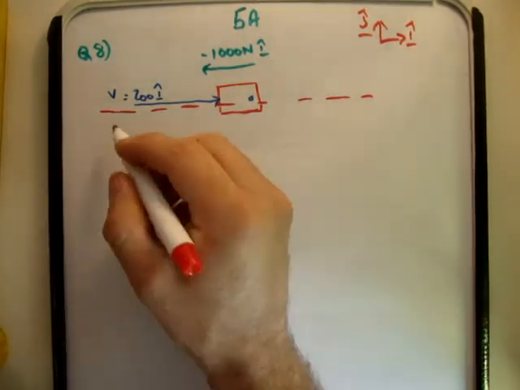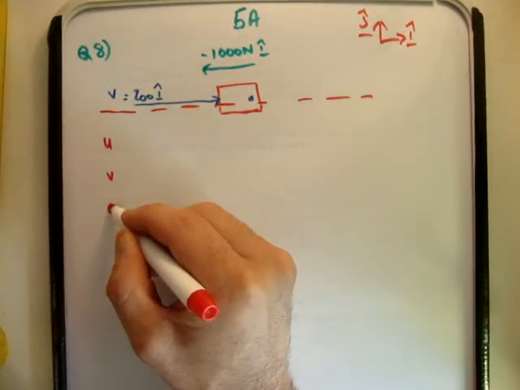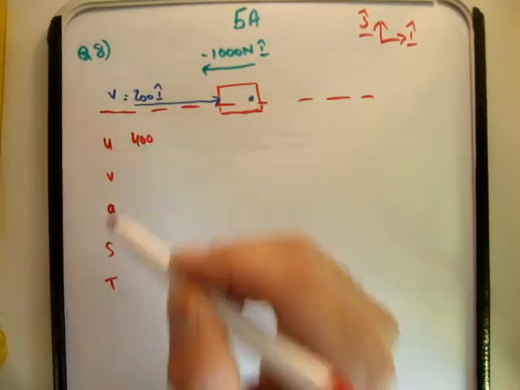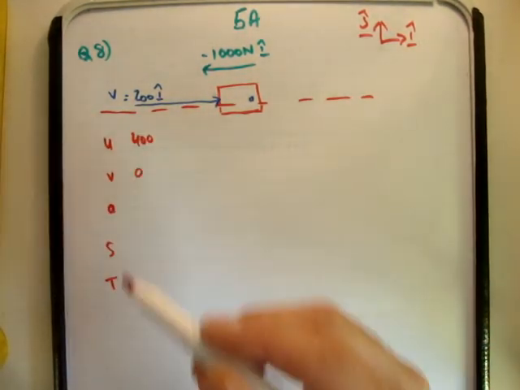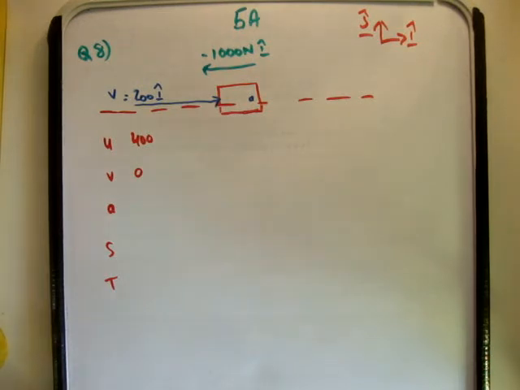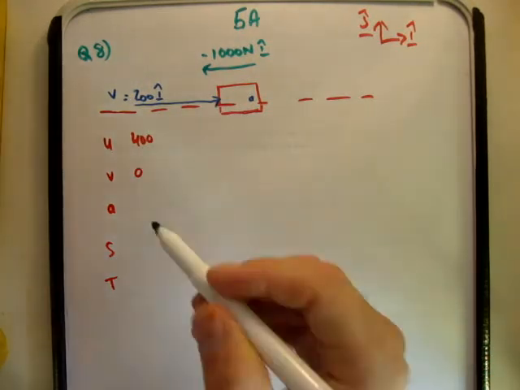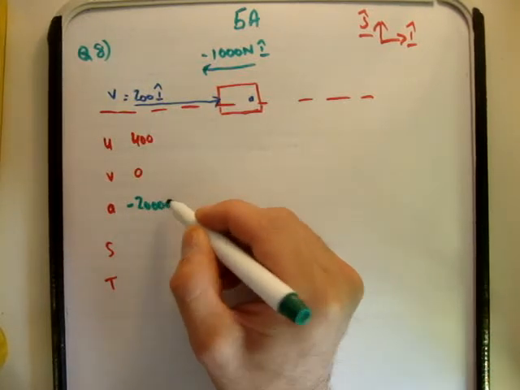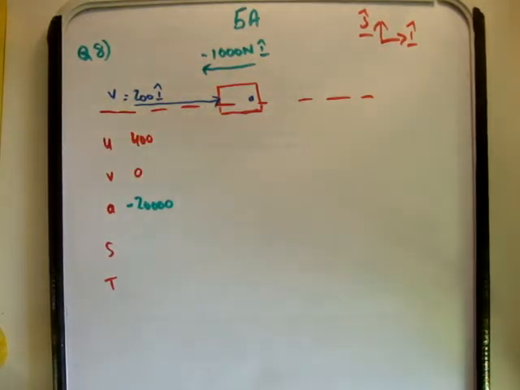So let's just do this. If we go back to UVAST, we'll find, well, if it's going at twice the speed, it's moving at 400 meters per second, and we want it to come to rest. Now, the resistance force is always going to be the same, and obviously, because the mass of the bullet hasn't changed, we're going to get the same deceleration, which was negative 20,000 meters per second squared. So we're looking to find our distance.